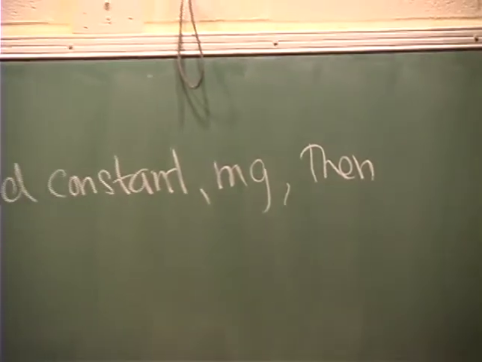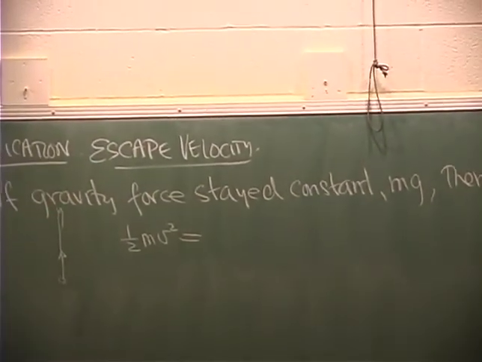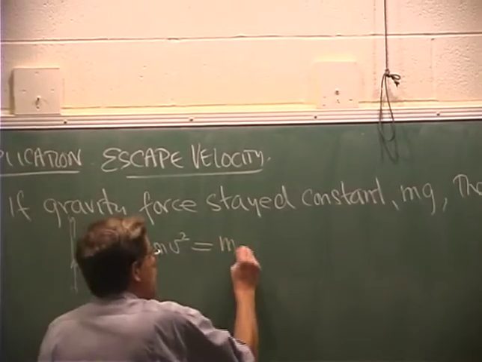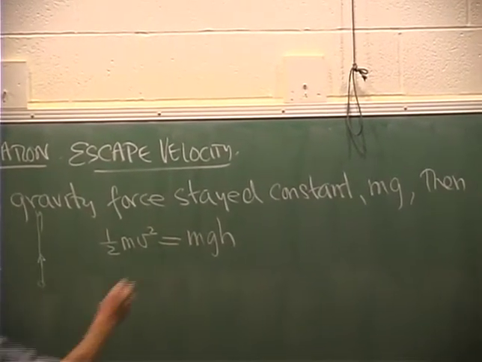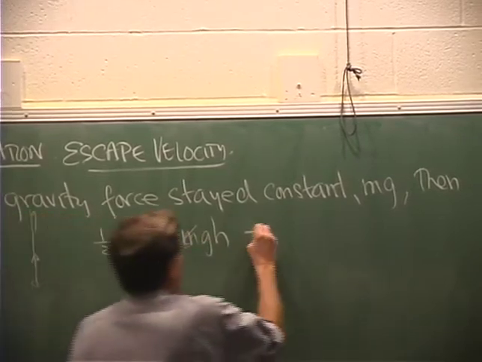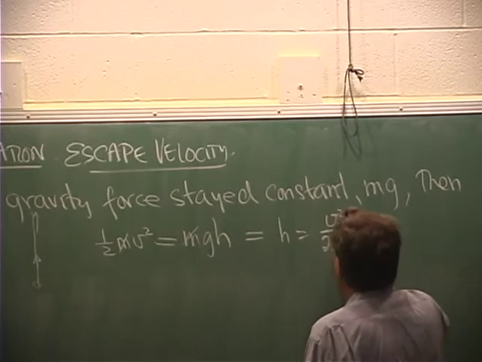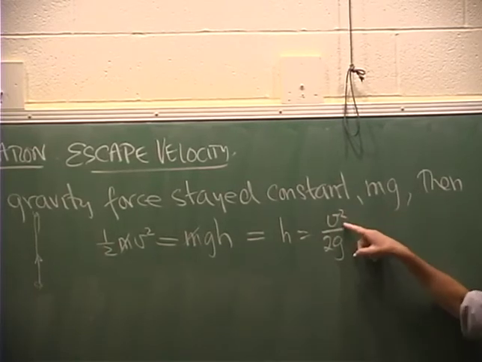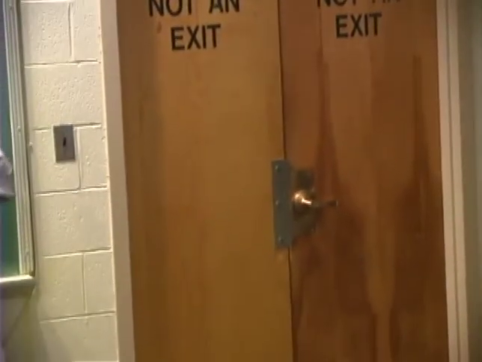It starts at the ground with a velocity v, so its original energy is 1/2 mv squared, and it rises up until that's all converted into potential energy, mgh, and that tells me how far this thing is going to rise. The m cancels out, and I get h equals v squared over 2g, and it doesn't matter what v is, there's always some maximum height that it's going to turn around and come back and hit you on the head.